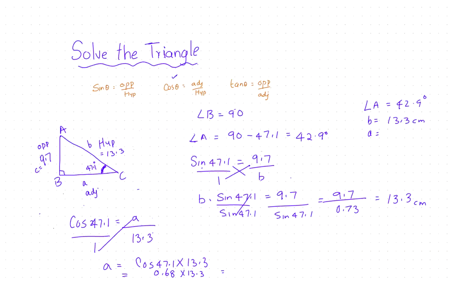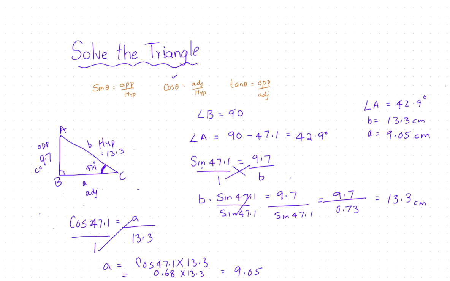It comes to 9.05. So side A is 9.05 centimeters. So now we know all the three sides and all the three angles. So this triangle is solved.